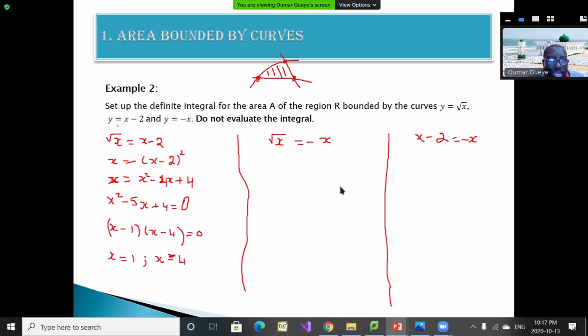So here is my initial equation, and you notice here when you replace x by 1, you will get root of 1 equal to 1 minus 2, which is equal to minus 1. So it means x equal to 1 does not satisfy the equation, so we have to discard it. We cannot keep it. Okay, so we'll keep 4 here because 4 satisfies, we can keep 4.